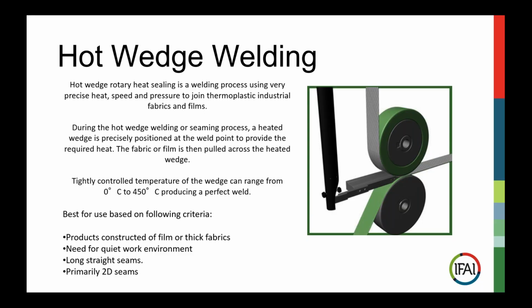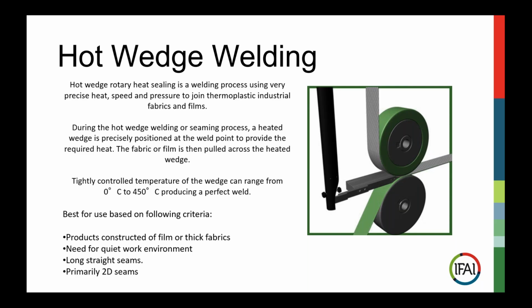It's a very fast, continuous, long, straight run that you can go through. And the best products that you can do, really any type of thermoplastics, any type of films, thick fabrics, thin films, thick films. It's a quiet work environment. Again, it does long, continuous, very fast, straight seams, primarily your 2D seams.